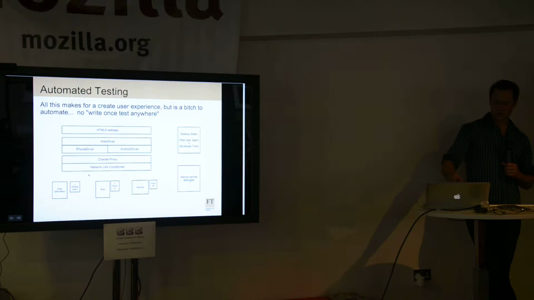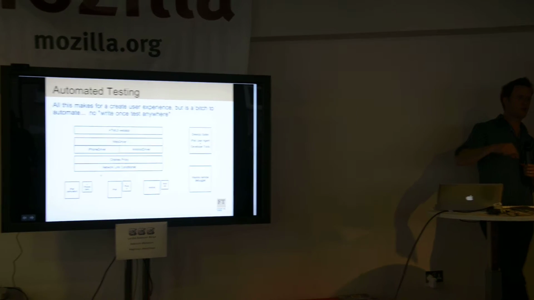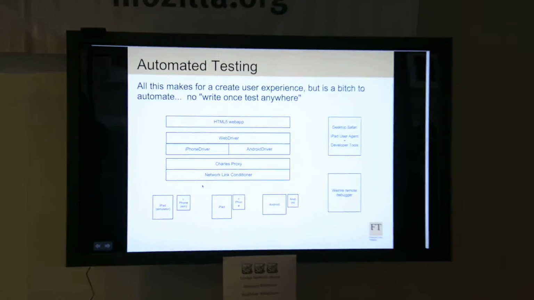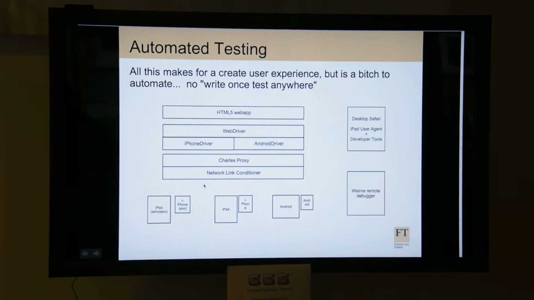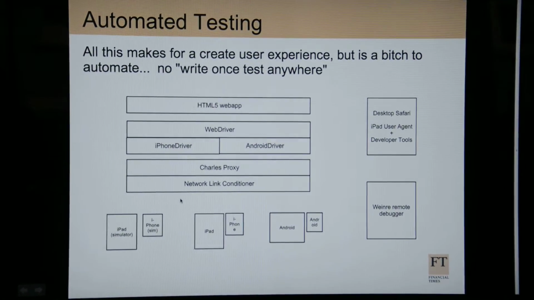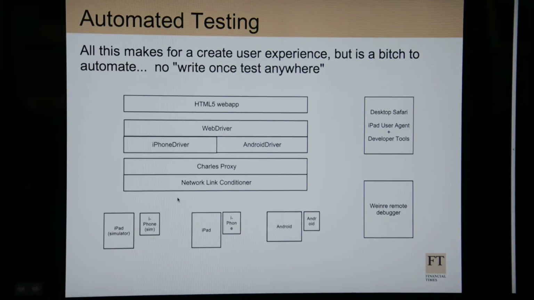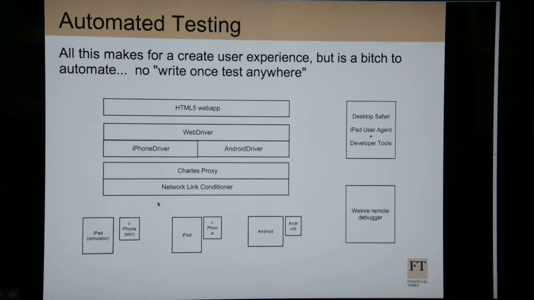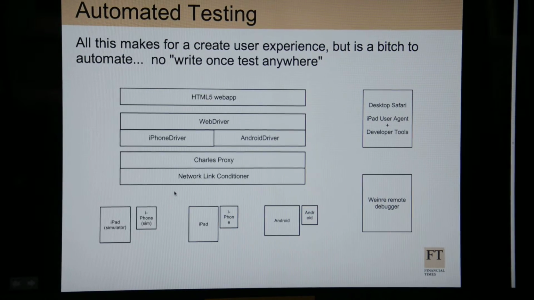On top of that, in order to actually write the tests, it's very difficult to debug the app on the iPad, so we've managed to get it working in Safari because it's basically the same browser, WebKit and WebSQL database, with an iPad user agent switch and the developer tools, so you can find the locators and stuff like that. You can write those into the test and then you can run the test on a simulated or real device.